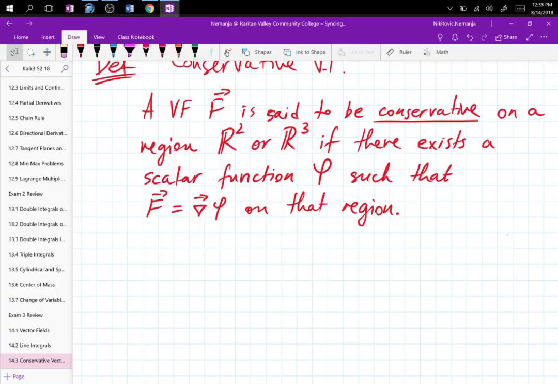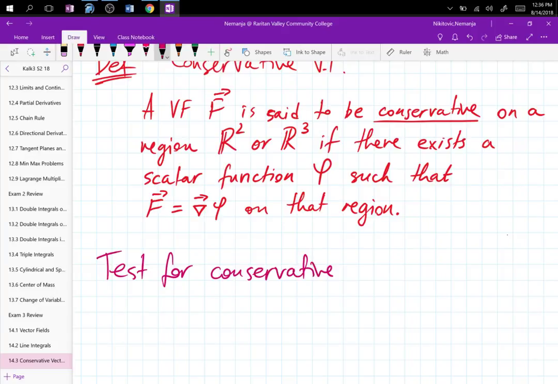So now we need to take a look at the test for conservative vector fields. So what is the test?